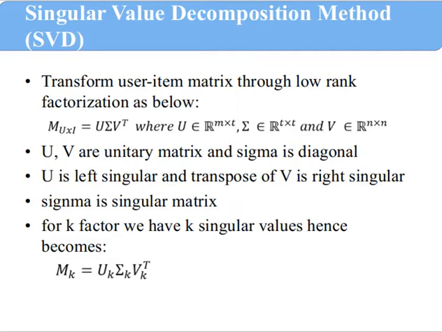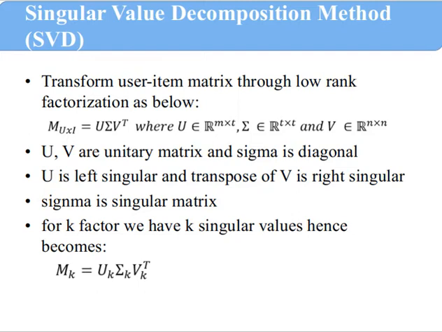and that gets considered through a low rank factorization. Suppose the matrix M is considered over there, which is over users and items. It can be decomposed into three factors. The first one is U, another one is sigma, and the other is V transpose.